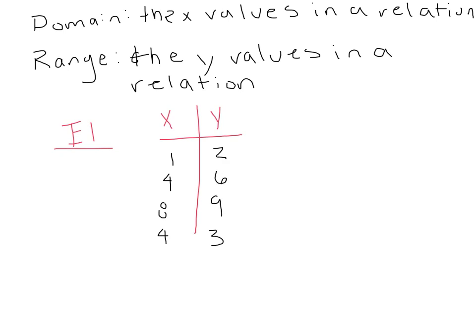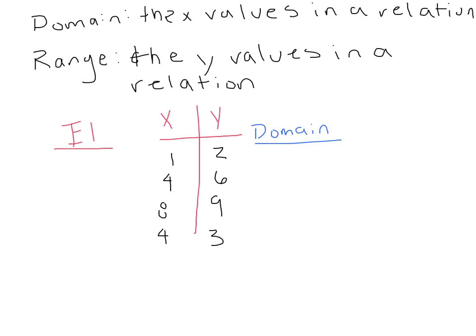And let's say I asked you, identify the domain and range of this table. So what we would do is we'd look and say, okay, the domain, remember the domain is all of the x values, so that's going to be all of these values right here. Now, when we write them, it's best to write them in numerical order from least to greatest.